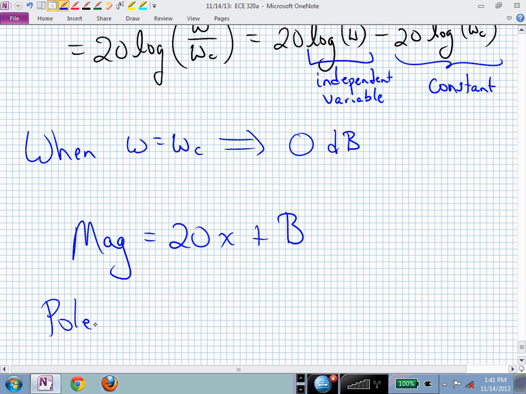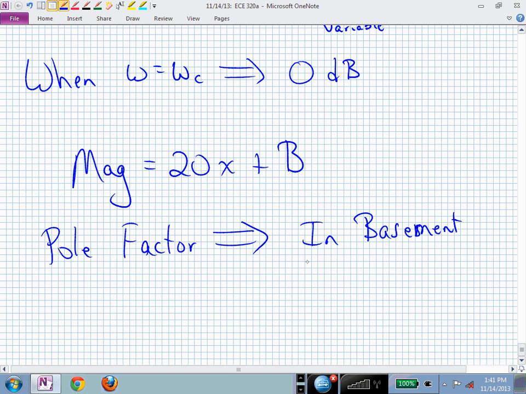But because we were a pole factor, I didn't show it in that original expression, but we had that j omega tau plus 1 all raised to the minus 1. And that minus 1 would come out front and give us a slope of minus this 20x dB. So the pole factor says that we were in the basement, or the denominator.